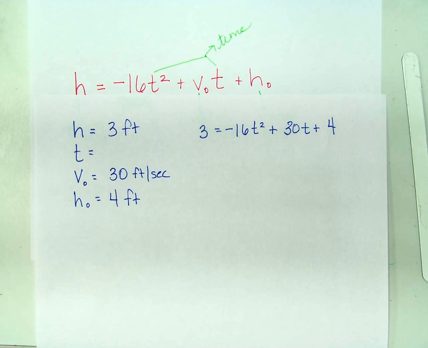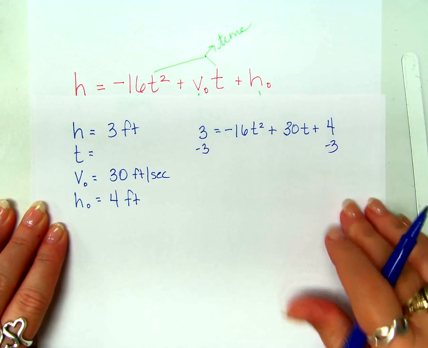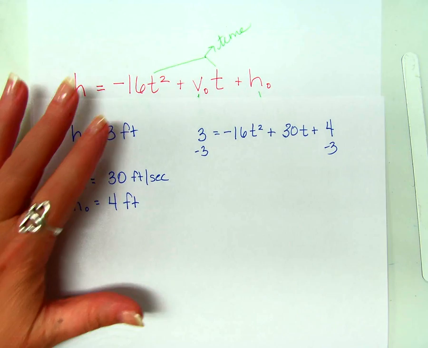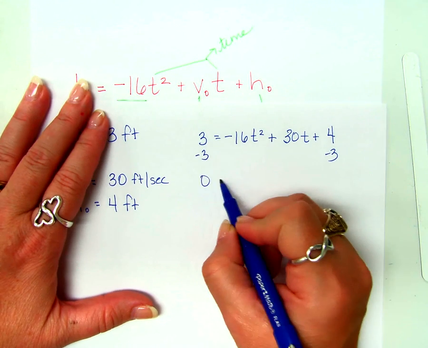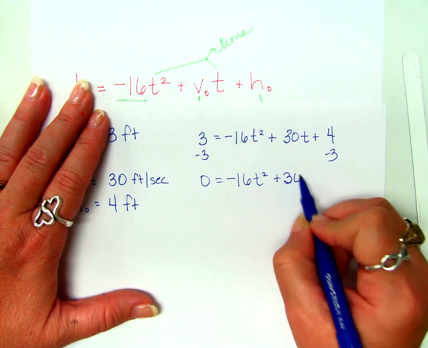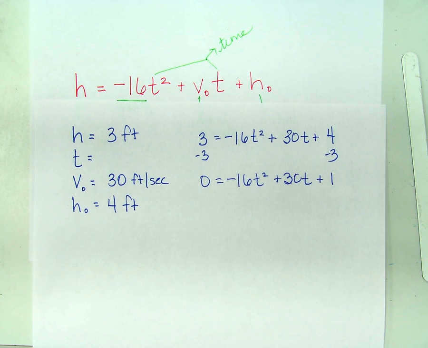Probably I want to use quadratic formula, and if I do that, I need to get it equal to 0, don't I? Like 2 or 3 of you said that, but we were in a conversation, so I just wanted to wait. I wasn't just ignoring you. Fair enough? Okay. So 0 equals negative 16t squared plus 30t plus 1. Is it still, you think, the best idea to use quadratic formula at this point?